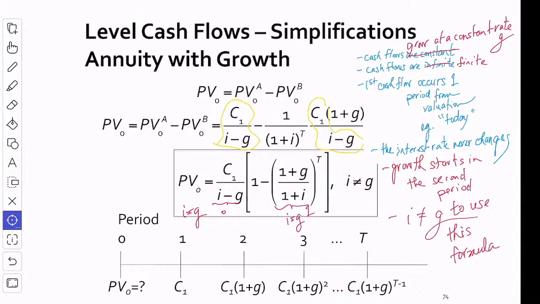And that's known as indeterminate, and that cannot exist. So I cannot be equal to G to use this formula.